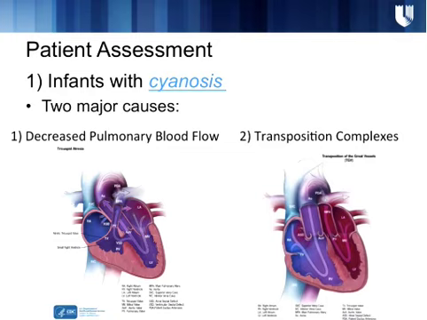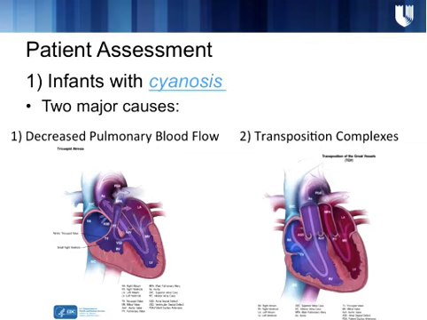So as you can see in the diagram, you have normal venous connections to the heart with the superior vena cava and the IVC going into the right atrium. However, you have an atretic tricuspid valve, so no blood flow will go through the tricuspid valve in order to send blood to the lungs.